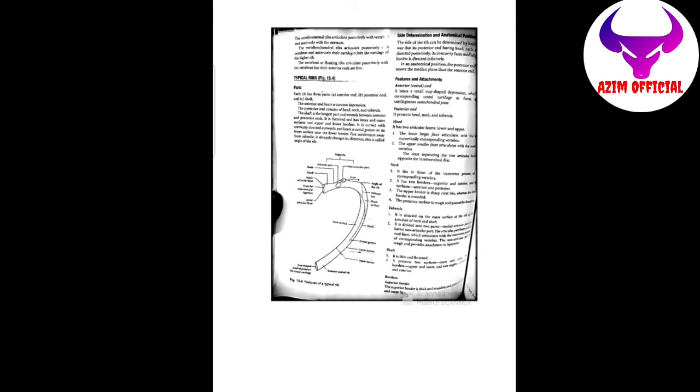The tubercle has an articular part and a non-articular part. You can see the neck just between the head and the tubercle, between the articular facets.